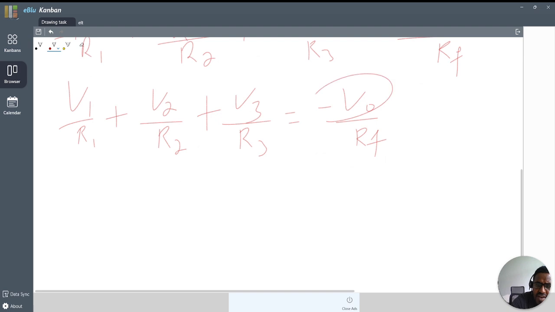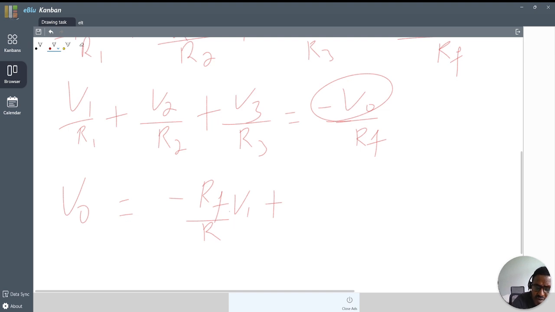So when you simplify, V out becomes minus RF over R1 multiplied by V1 plus the whole.